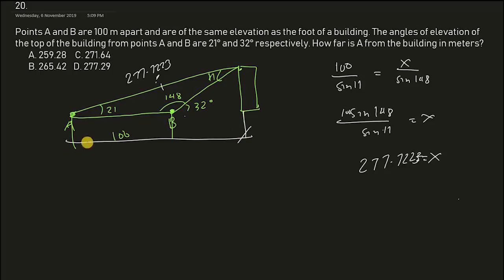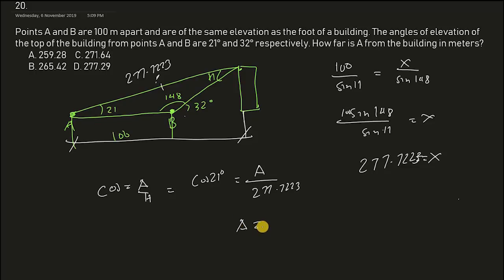Now, I need to get the value of the hole. Yung hole ano nito kasi from the building, sabi. So, to get that, we use Sir Acosta. Since we have opposite and adjacent, we use cosine. Cosine is adjacent over hypotenuse. And cosine 21 degrees ito is equal yan sa adjacent, which is ito yung hinahanap natin, over the hypotenuse, which is 277.7223.